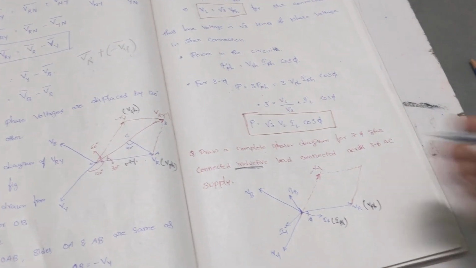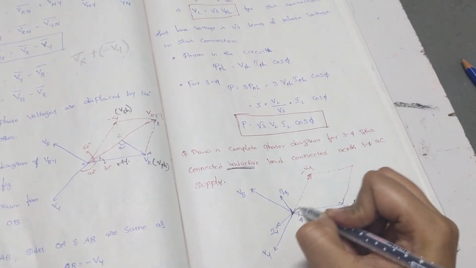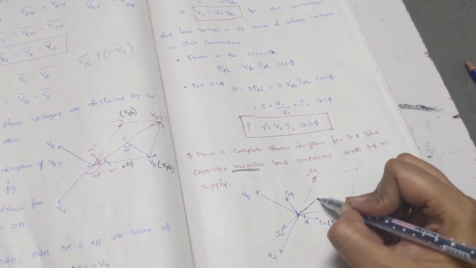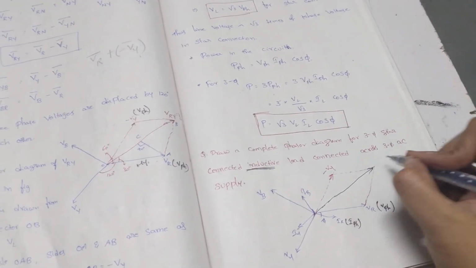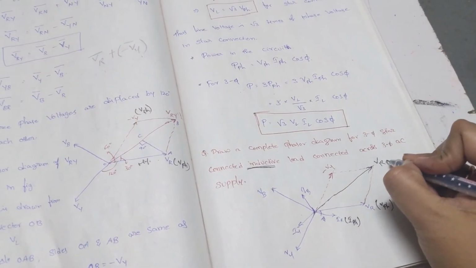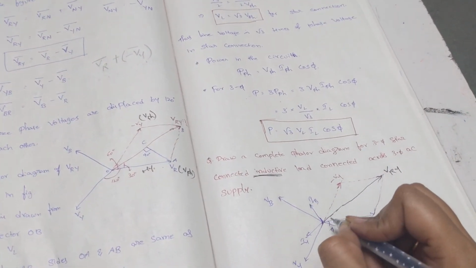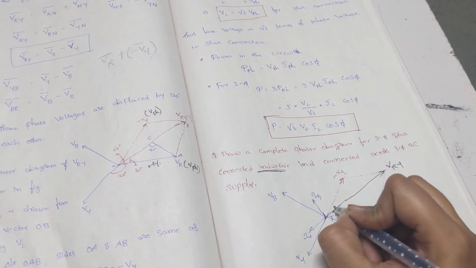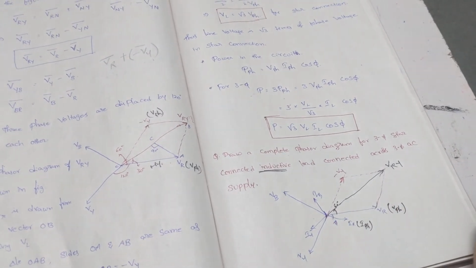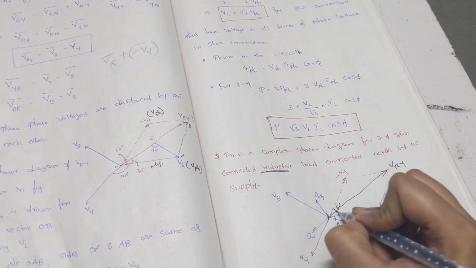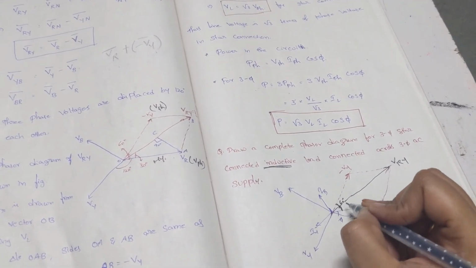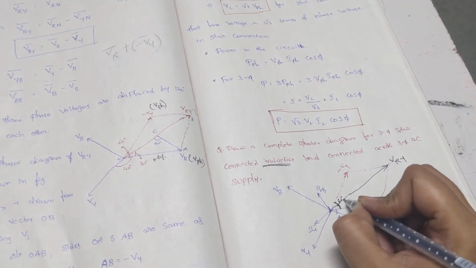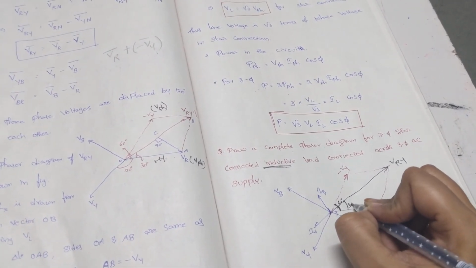So the resultant vector is this one, which is nothing but VRY. Up to this, the same notations. VR and VY have 60 degrees between them, and the resultant cuts it by 30 degrees.